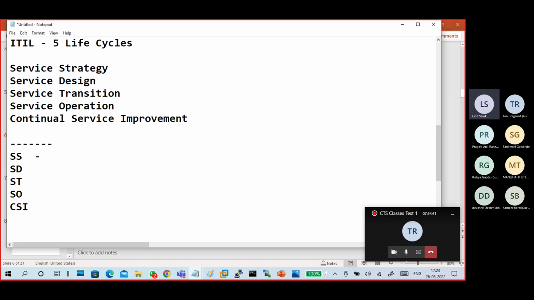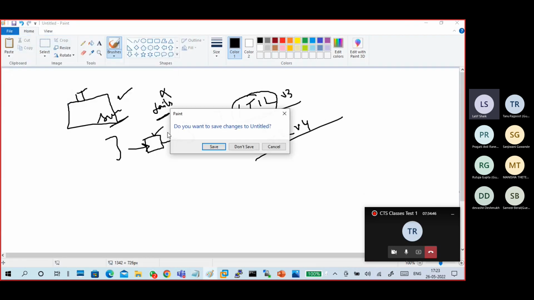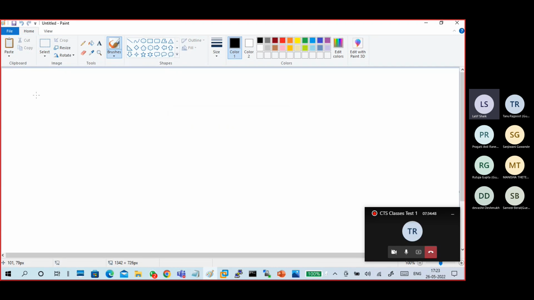Service strategy: guys, you want to start a business. Before you start a business, the important thing is you have to ask a question. What is the purpose of this business? What business do you want to start, right? We should know that.